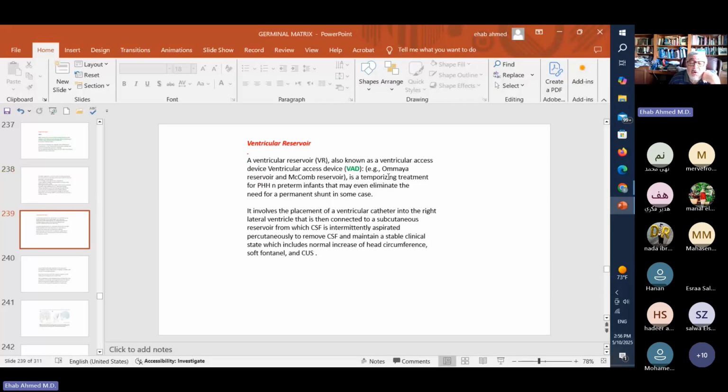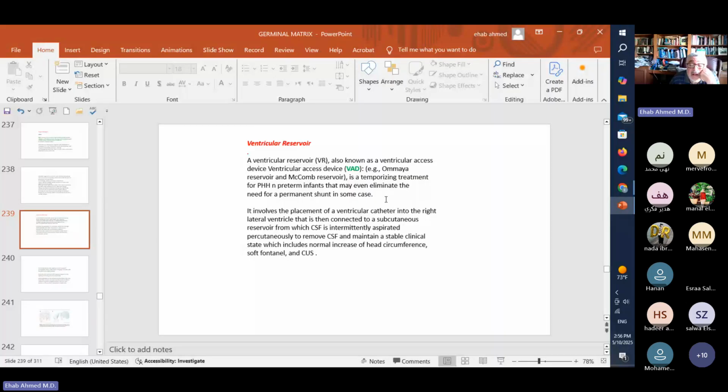We have the Ommaya reservoir and the Rickham reservoir. It's also temporizing, temporary. It is not a permanent treatment for PHH in preterm infants, but it may even eliminate the need for a permanent shunt in some cases. So you have to try it, and if it's working, it might help to resolve the problem, and you don't need a permanent shunt. This is what they say.